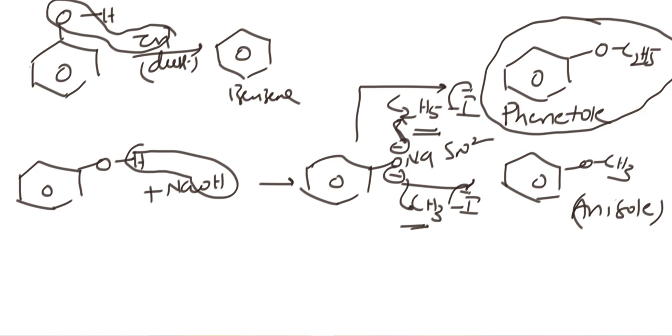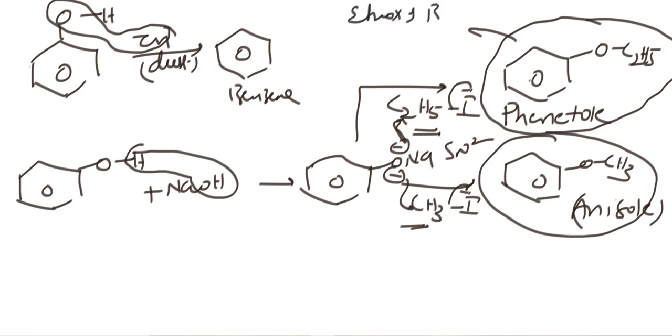This is called phenetol, and this is called anisole. There are many names: ethyl phenyl ether, methyl phenyl ether, and ethoxybenzene, methoxybenzene. These are also names. But you keep in mind this is phenetol. So this is also a chemical property of the phenol.